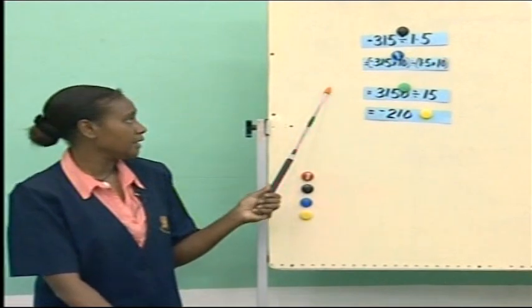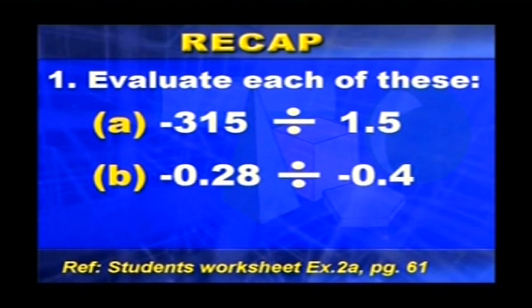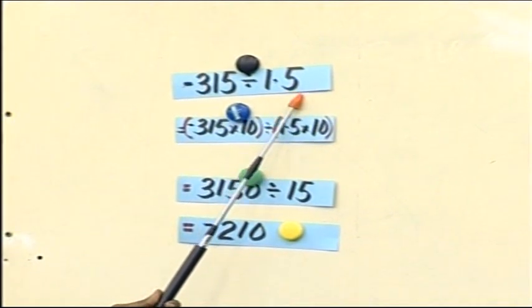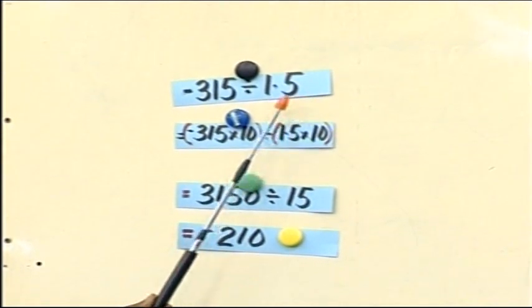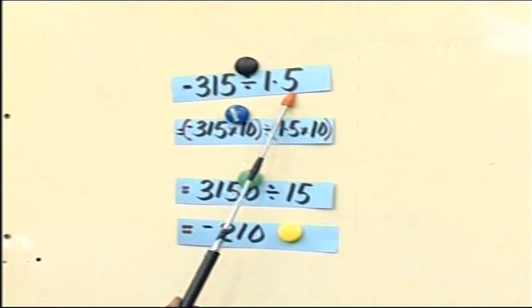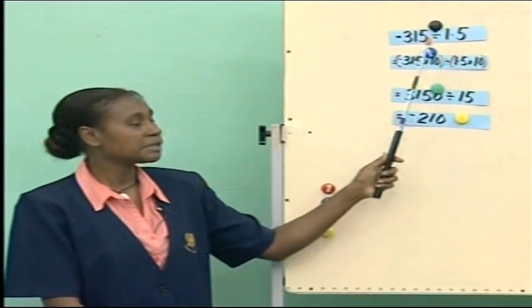Exercise 1A. We have negative 315 divided by 1.5. The rule says always change the divisor to a whole number, depending on the number of places after the decimal point from the divisor. Here we have one number after the decimal point, so we are to multiply this divisor by 10.